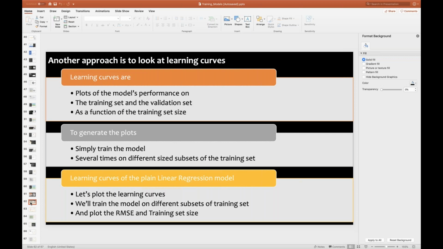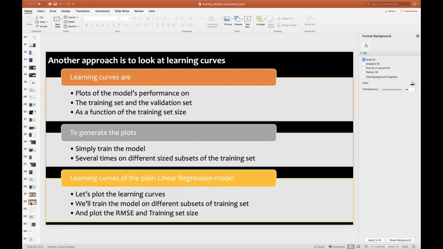Another approach to look at the learning curves. Your learning curves will give you a clear picture of where you are headed and how you are going to get the results. But while implementing learning curves, you need to know a few touch points. That is how you can plot the root mean square error and how you can break down your model into subsets and train on different subsets.